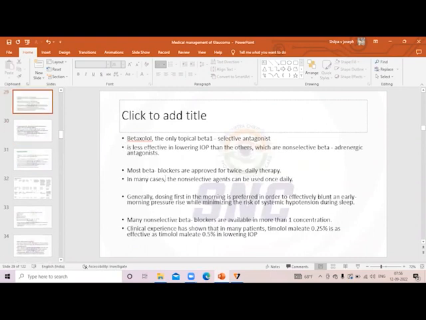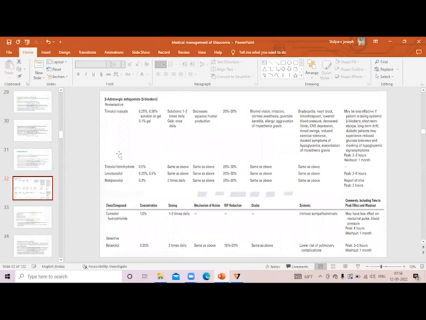Sir, in timolol both 0.25 and 0.5% are effective, with the same effect. Commercially, 0.5% is available in our Indian pharmacies. Also, betaxolol, I just want to mention, is cardioselective.